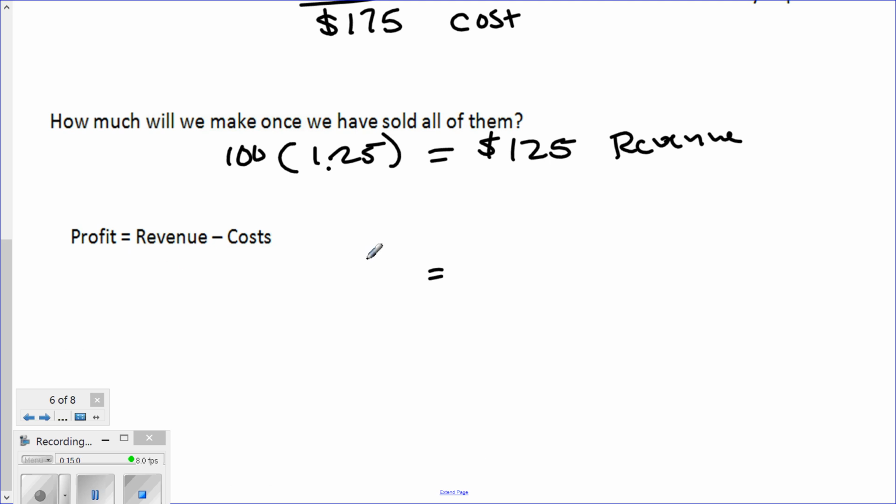Profit is revenue subtract costs. We're making $125 and we have costs of $175. Our profit is negative 50. In general, a negative profit's not good. We'd prefer a positive profit. So with 100 tamales, we're not moving enough product to make any money. We're going to be losing money.